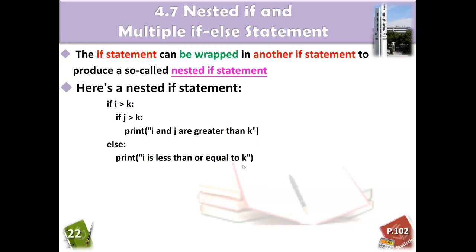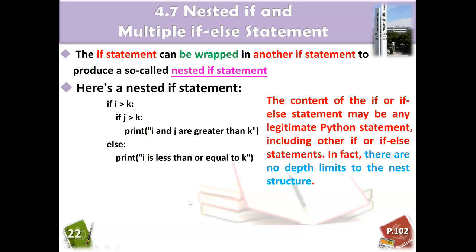Okay, so when the else is aligned to the other if, it means the else statement has an equal position with the second if. So you have to check whether the else is aligned to the first if or the second if, and the result will be totally different. So this could be a nested if statement.